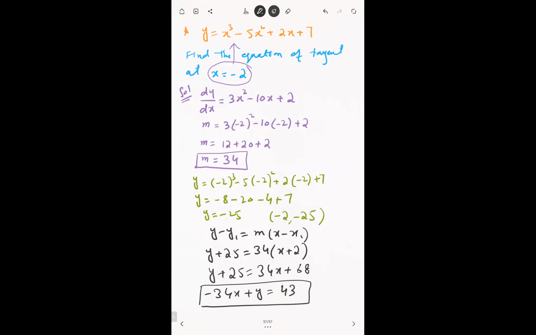Okay, our next concept is equation of normal. Now, before finding the equation of normal, we should know what is a normal. Normal is a line which is perpendicular to the tangent.